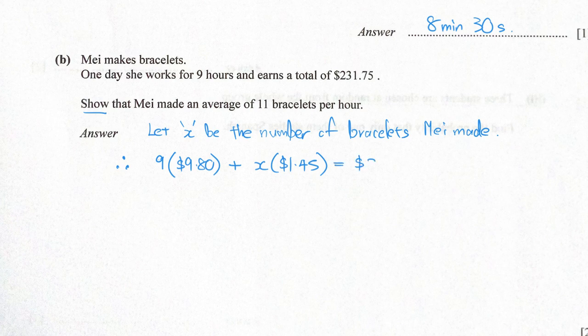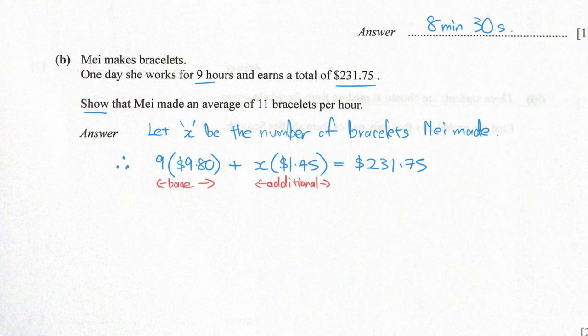It should give us the total of $231.75. So use the information in the question. Just to give you a better idea, this is the base amount and this is the additional amount that we talked about.